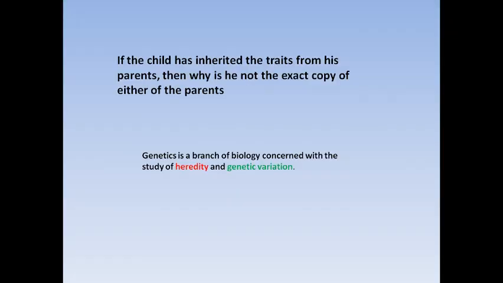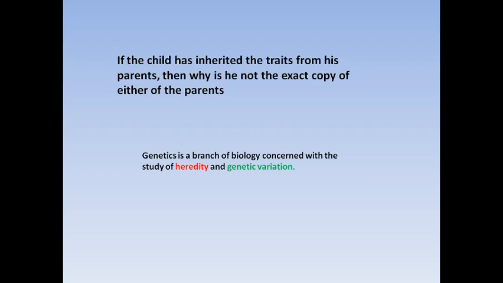Now, another question. If the child has inherited the traits from his parents, then why is he not the exact copy of either of the parents? I hope you understood the question.